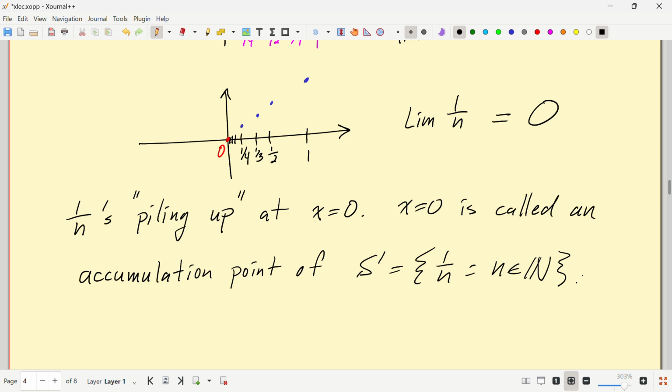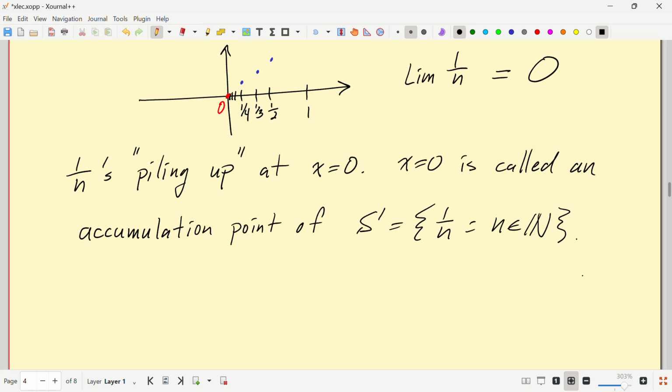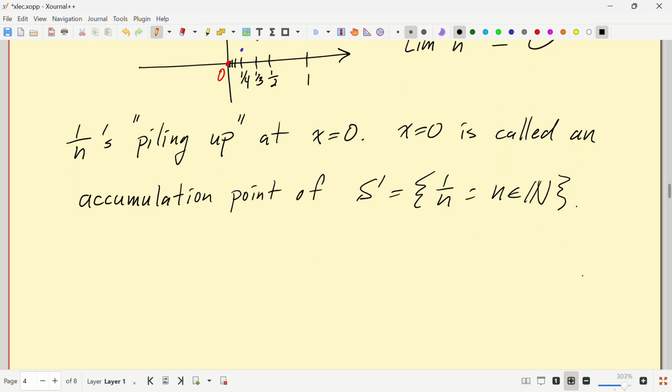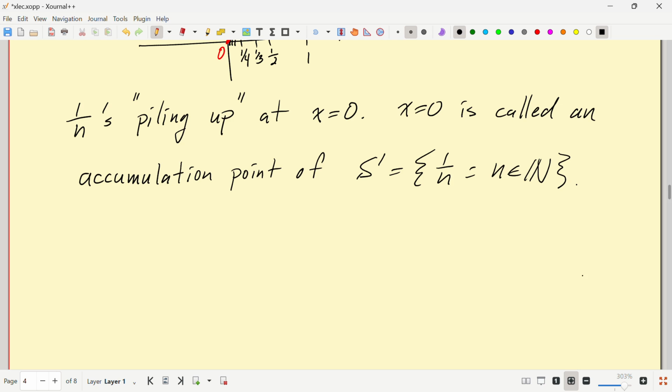And notice there's always infinitely many if you're talking about piling up. So even if I put a very small interval about 0, there would still be infinitely many points in that set. And that's kind of a feature of the definition. Let's think of another example. Let's take the set S to be rational numbers.